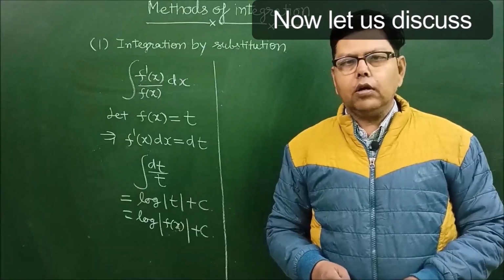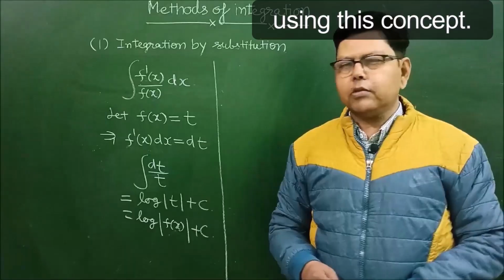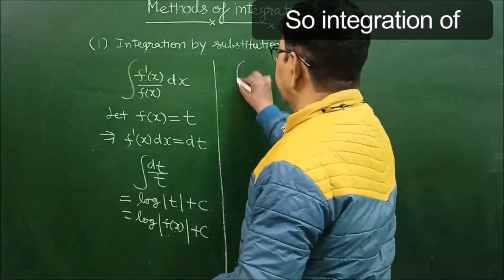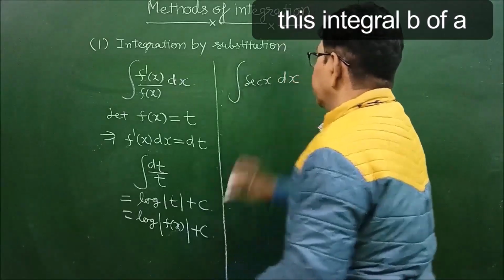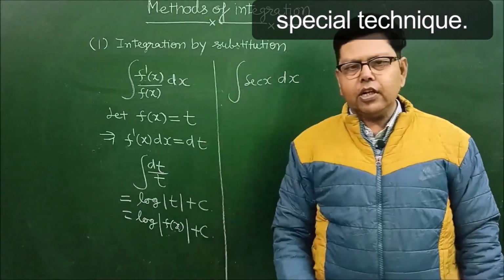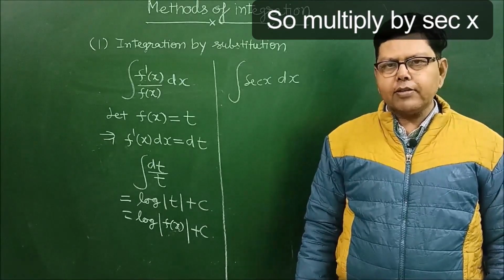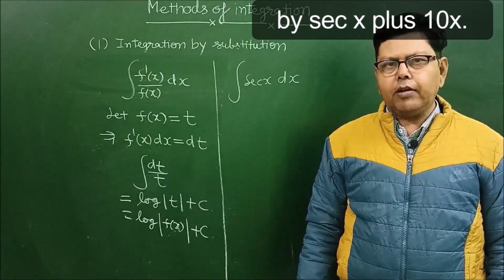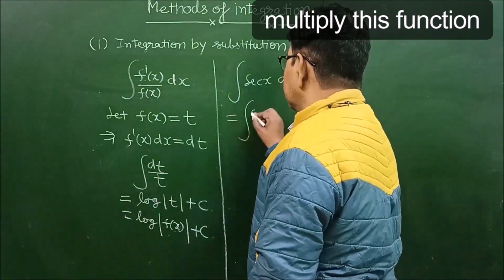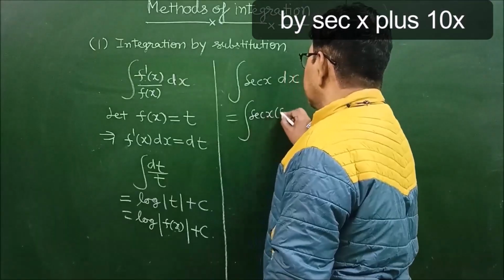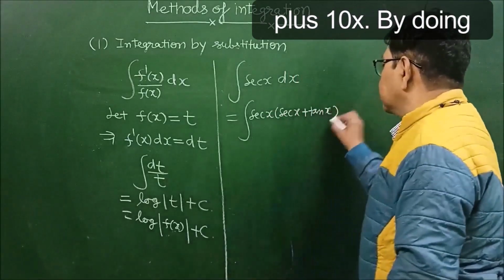Now let us discuss some more standard integrals using this concept. So integration of sec x dx. For this integral we have a special technique. So multiply by sec x plus tan x and divide by sec x plus tan x.